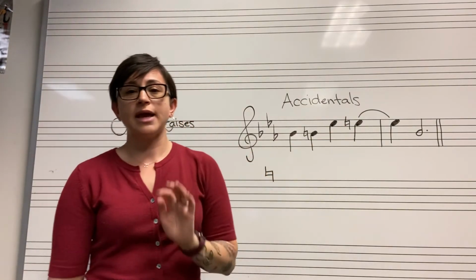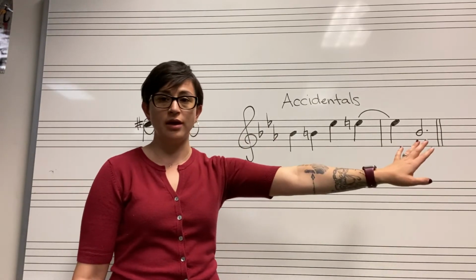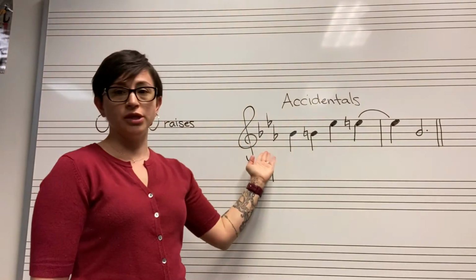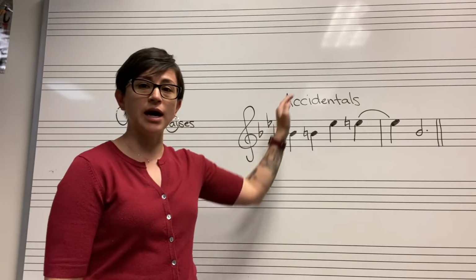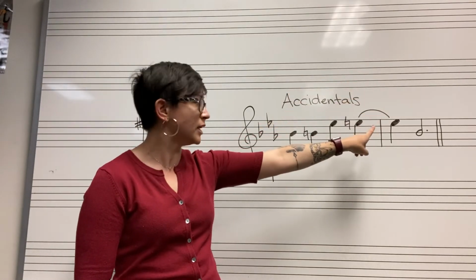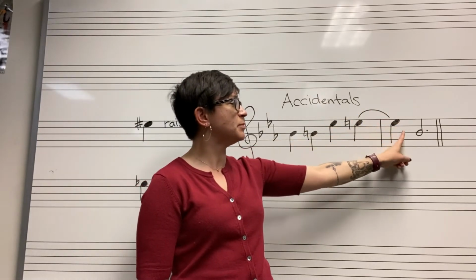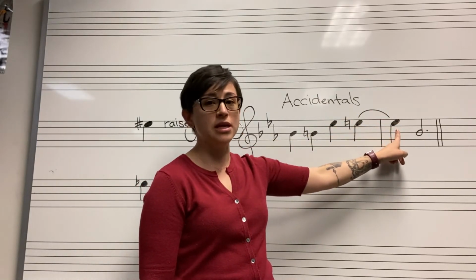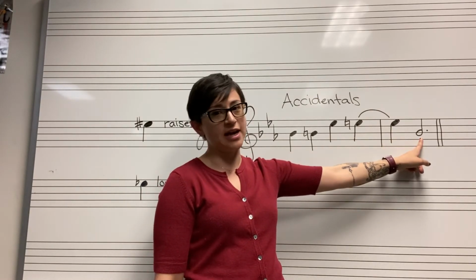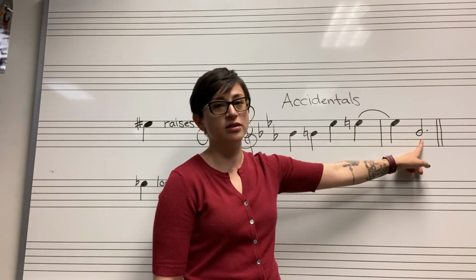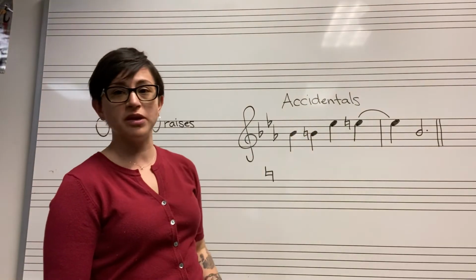When you are using accidentals in music, the bar line will reset everything back to the key signature, unless it is tied over the bar line, like I did here. So this E natural, with this tie, keeps this note an E natural. But this B here, it's not tied, but there's no accidental on it either. So because of this bar line, it reset, and so this B natural doesn't count anymore.